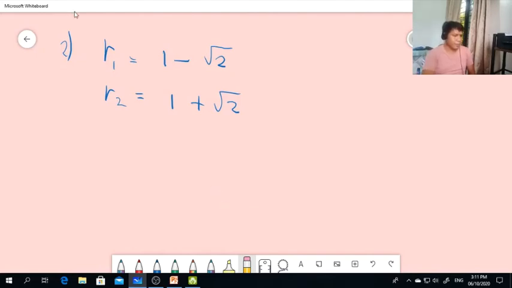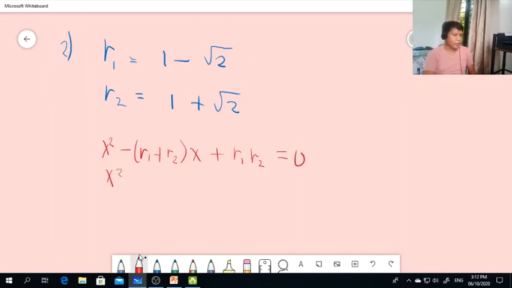So you have here the formula x squared minus r sub 1 plus r sub 2 times x plus r sub 1 r sub 2, and this is equal to 0.